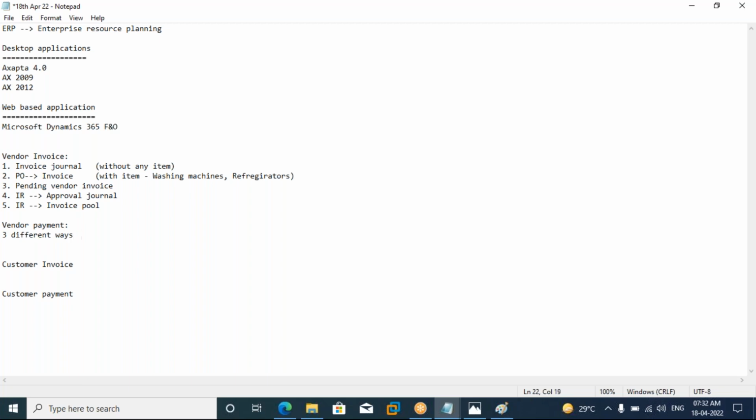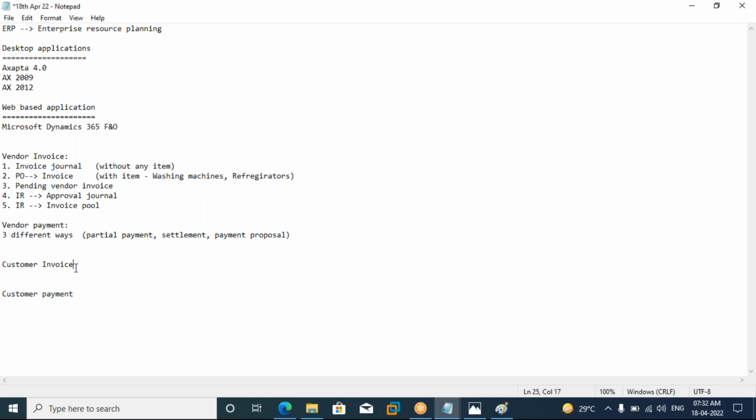Partial payment. Second one is settle against invoice. Another one is payment proposal. So there are 3 different scenarios.